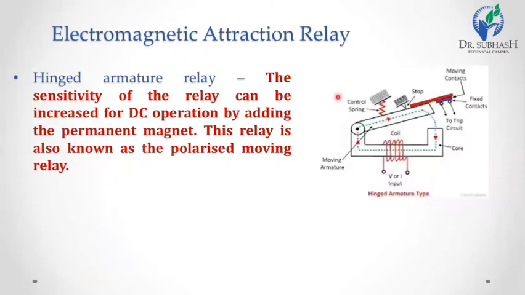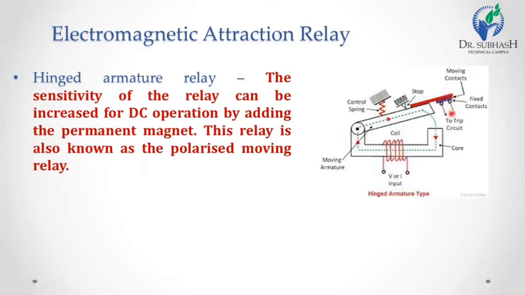Then the hinge type armature relay. In the hinge type armature relay, the sensitivity of the relay can be increased for DC operation by adding a permanent magnet. This relay is also known as polarized moving relay. See, this is a coil where flux is produced. This is a core. As you see, this is a tripping circuit.